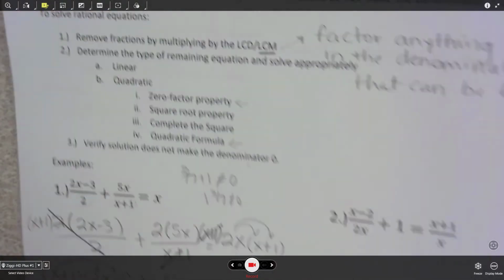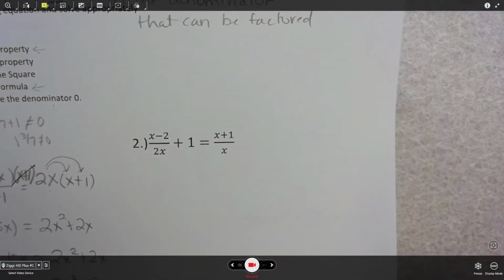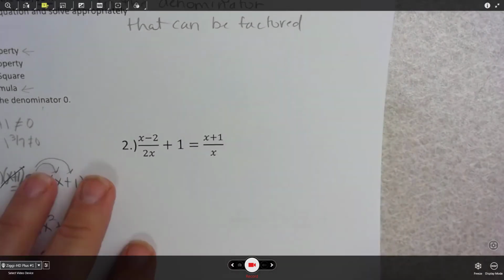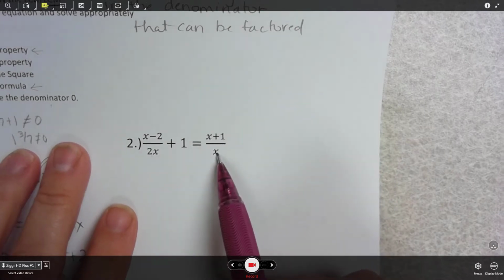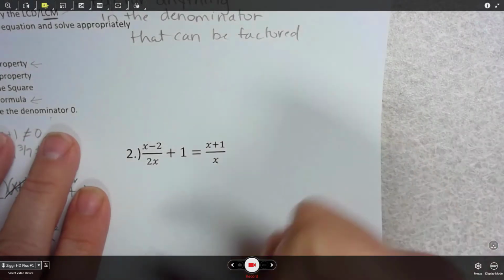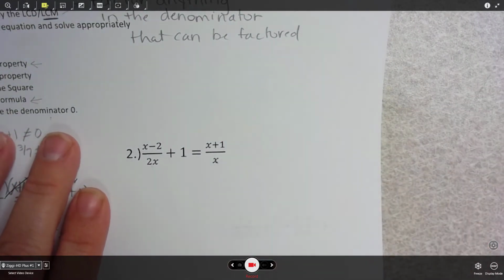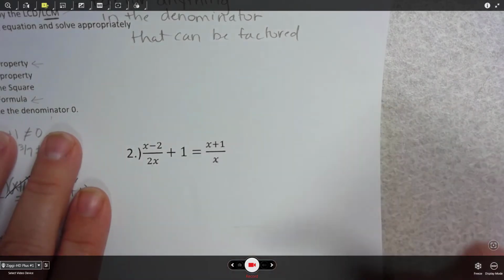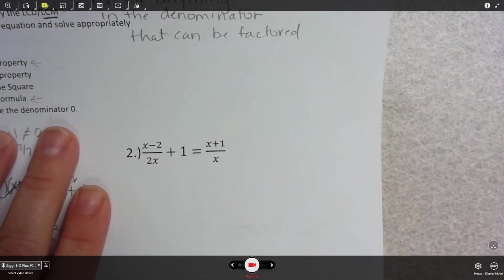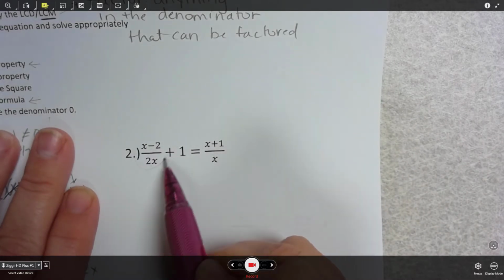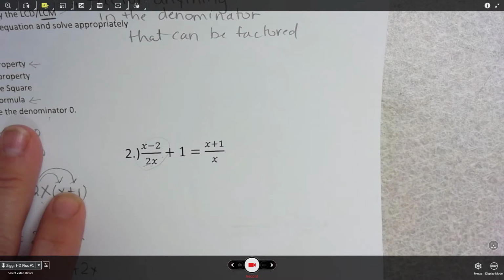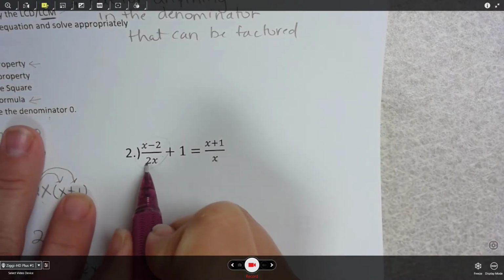Alright, let's look at number 2 here. Alright, for number 2, I need to find a common multiple between 2x and x. Alright, so I'm looking for something that both of these will divide into, that 2x will divide into, and also I can divide x into. So if you think about what can I multiply this fraction by so that the 2x will divide out, that would be 2x.